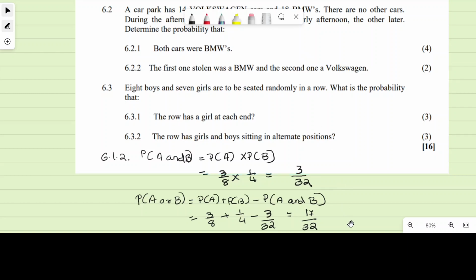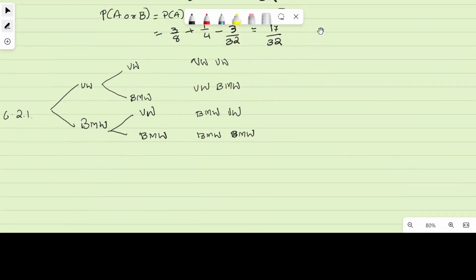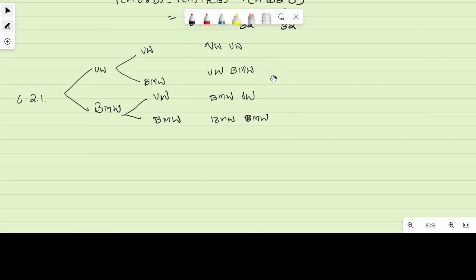So you already get a mark for drawing the tree diagram. Now we are finding the final probability, 2 BMWs. Which outcome shows 2 BMWs here? The last one. So we are finding the probability of BMW and BMW.